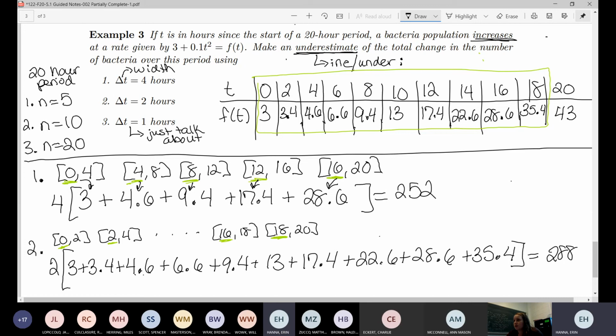So notice the difference between those two answers. We've gotten a larger answer, but since it's an underestimate, that makes sense, because we should be getting closer to the actual area, and since it's an underestimate, we should be going up.